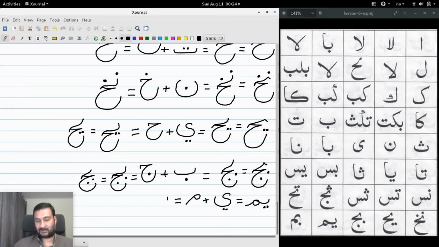So ya takes this form, ya, and mim joins it like so, becomes ya mim, and I can write it fluently like so, ya mim, like so. You can make it beautiful by taking ya a bit up and then making a mim and then down. Something like this. Ya mim.